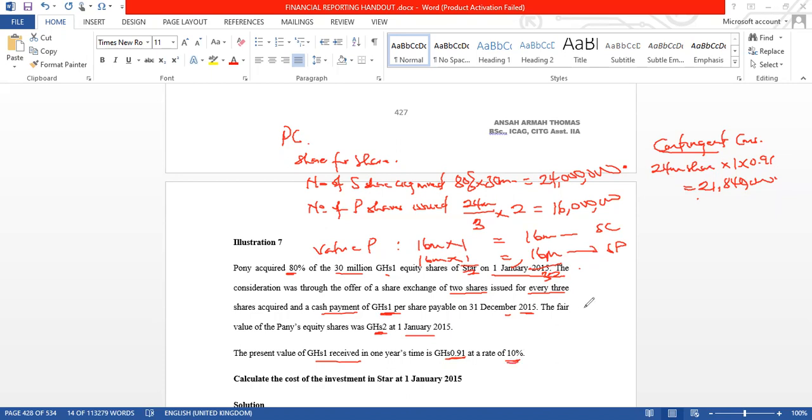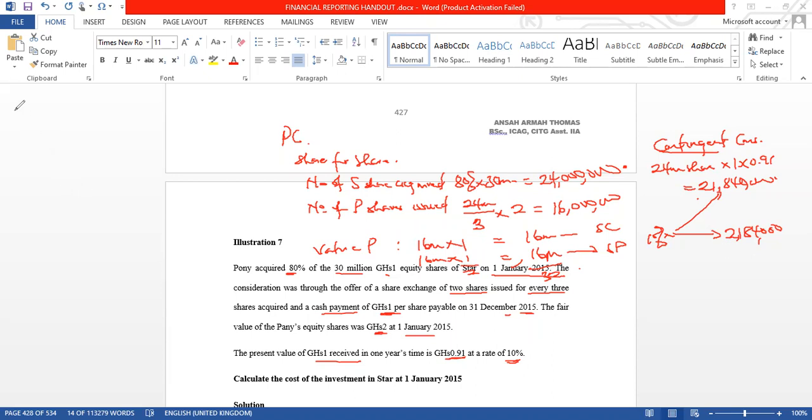Now, don't forget the unwinding interest, since this one is 1 year. We have a rate of 10%. So it's 10% multiplied by this, which will give us our unwinding. The amount that we have here is 10% of 21,840 and 2 zeros. So this is what we have. Don't forget, this unwinding will go where? To the P and L, all right?